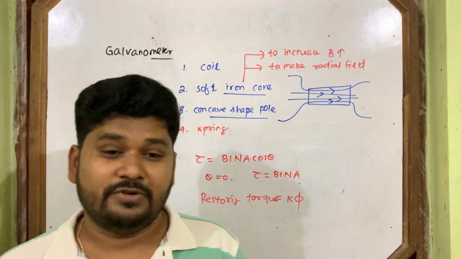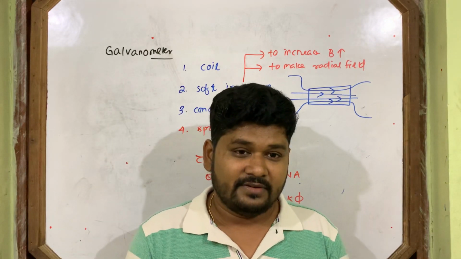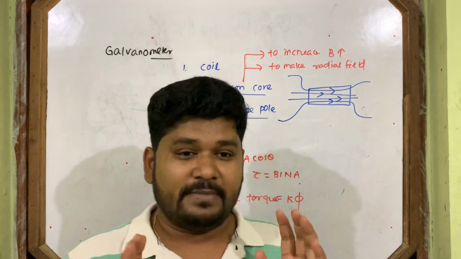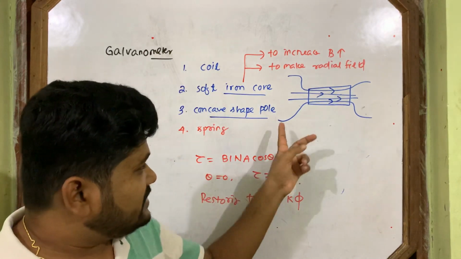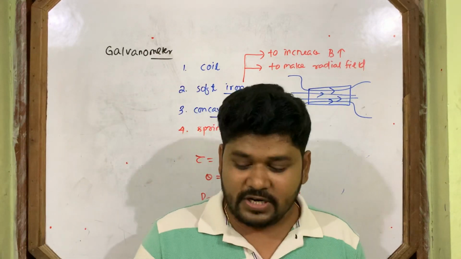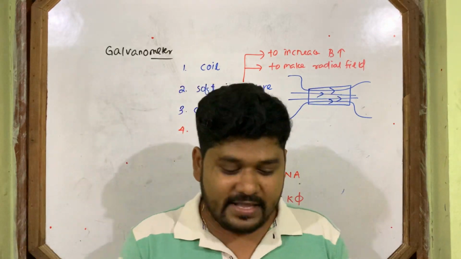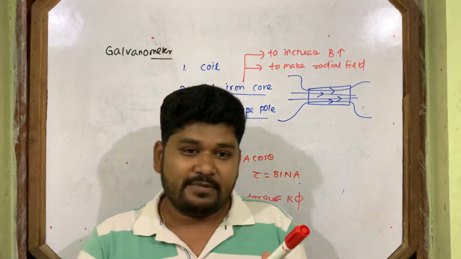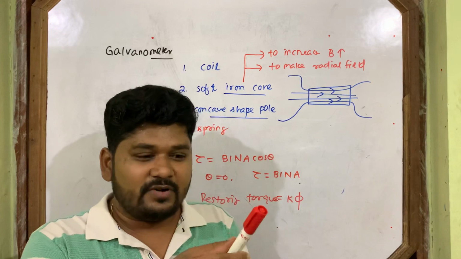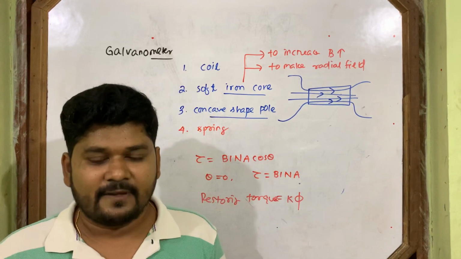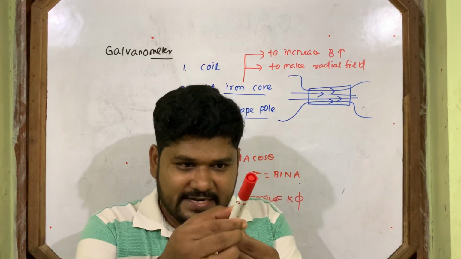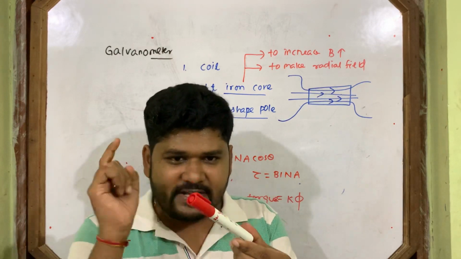A question may come to the minds of some students. If, by this principle, the coil rotates when current passes, why does the galvanometer pointer deflect and then come to rest?